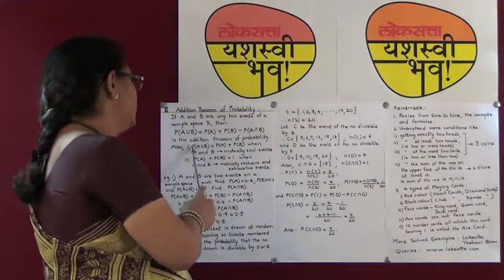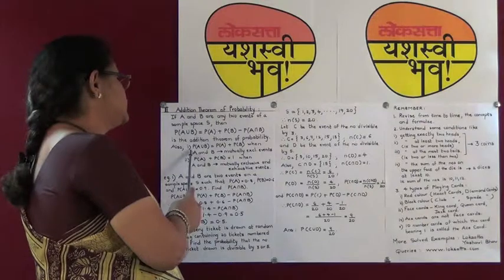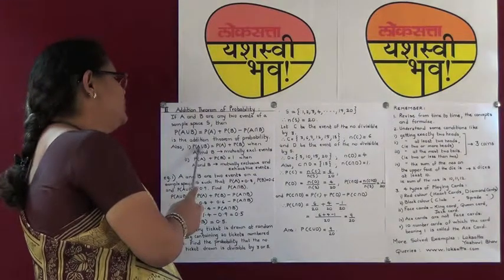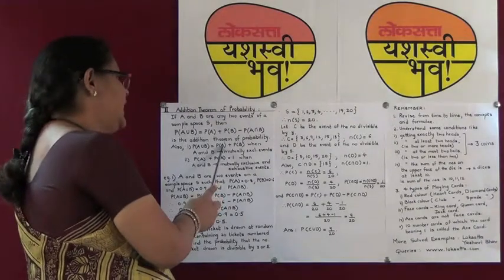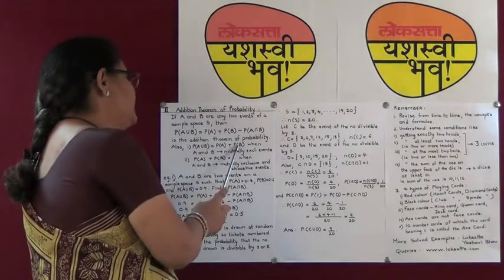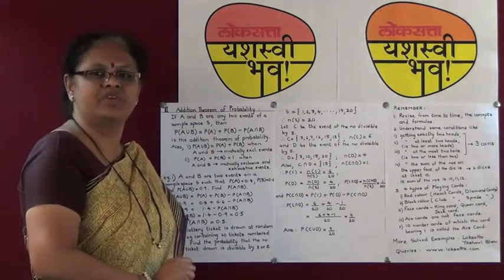Also remember your two statements related to the theorem. The first statement says the probability of the union of these two events is equal to the probability of event A plus the probability of event B when A and B are mutually exclusive events.